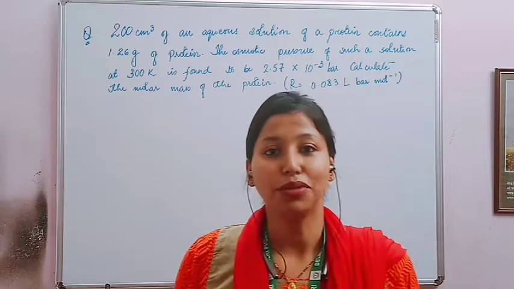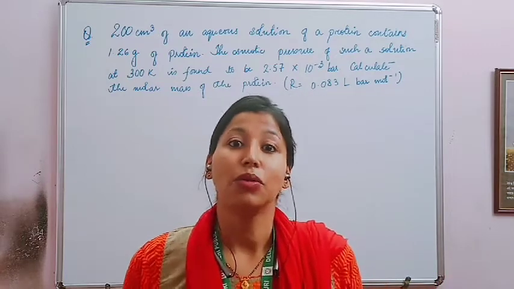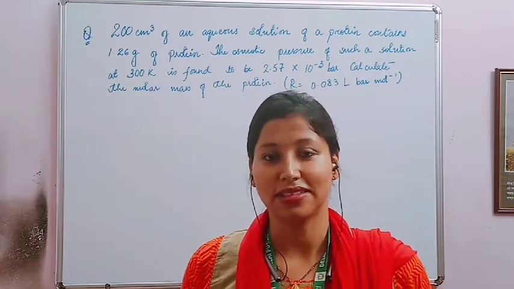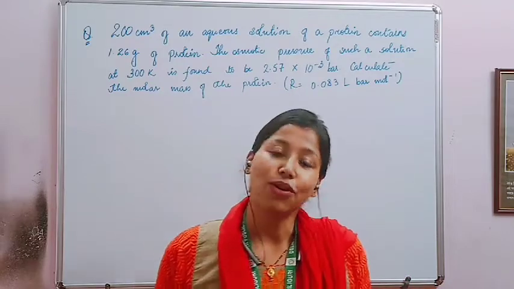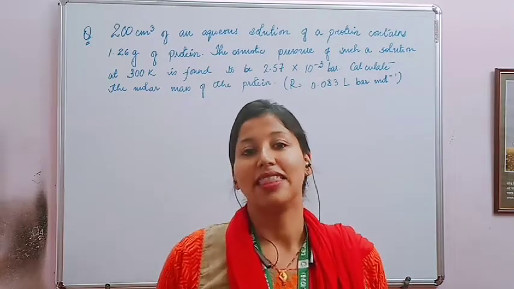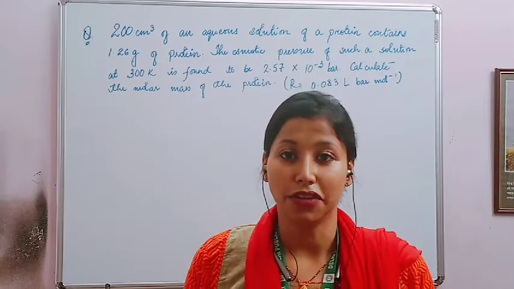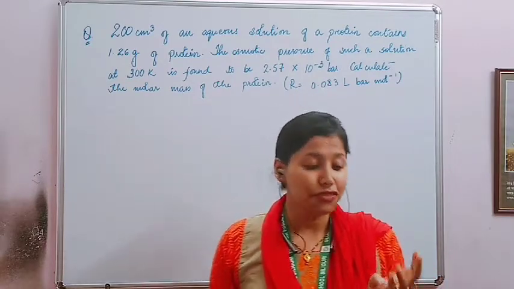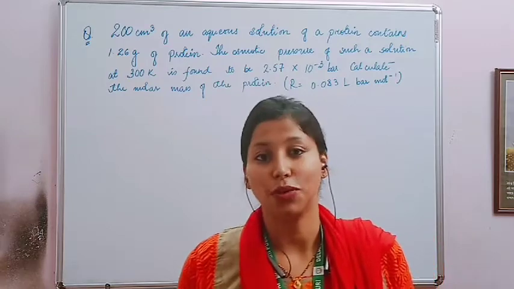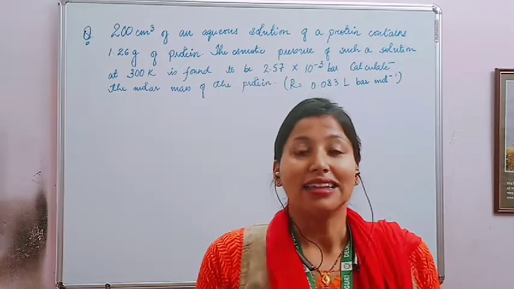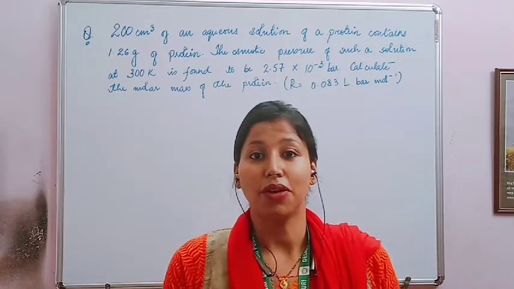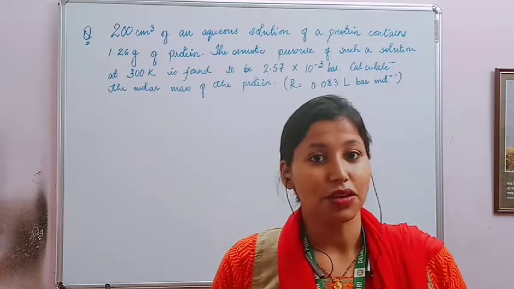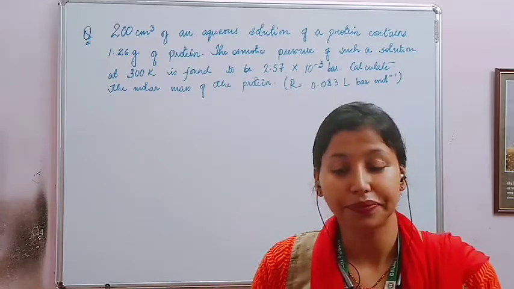If you have followed the previous lectures, we were doing colligative properties. We covered all the colligative properties, that is relative lowering of vapor pressure, elevation in boiling point, depression in freezing point and osmotic pressure. I derived the relationship of molar mass and osmotic pressure yesterday.